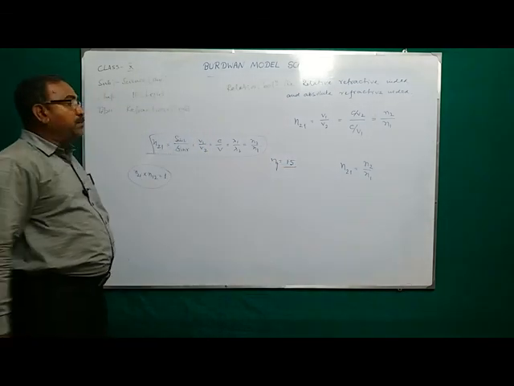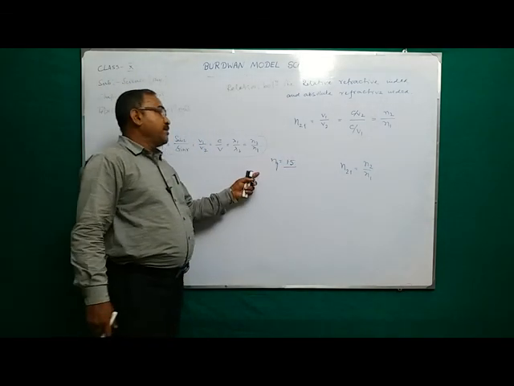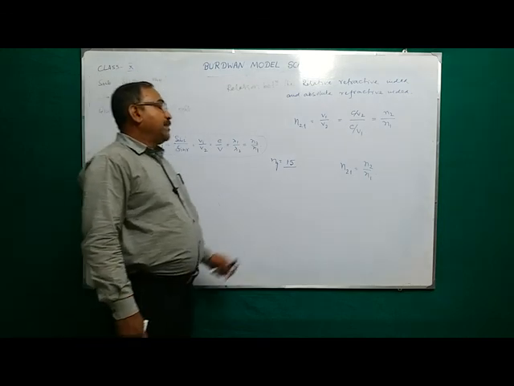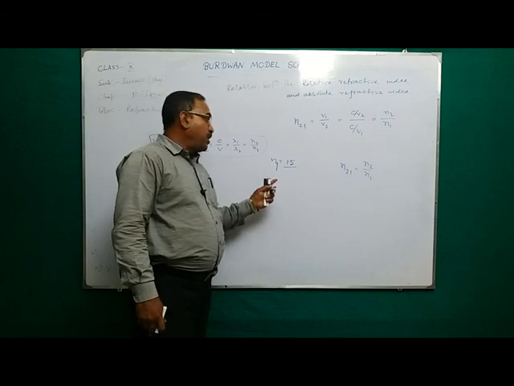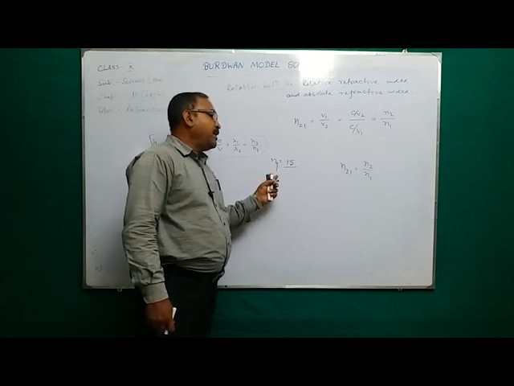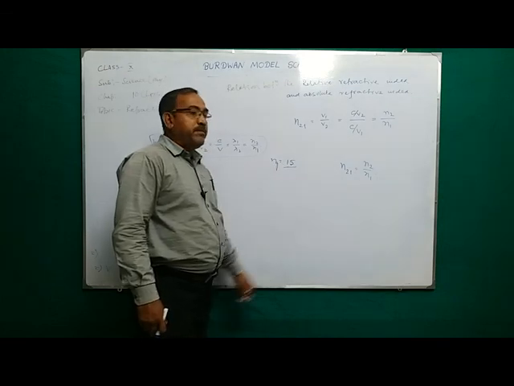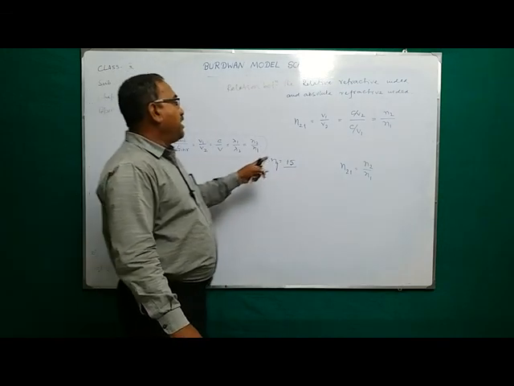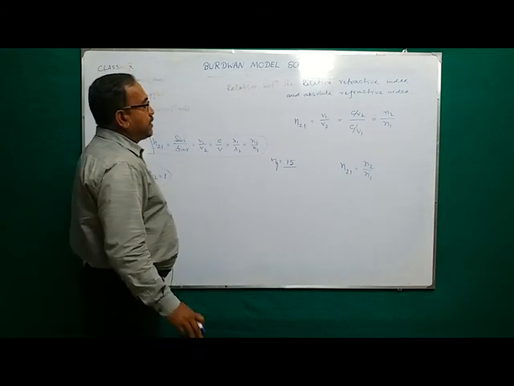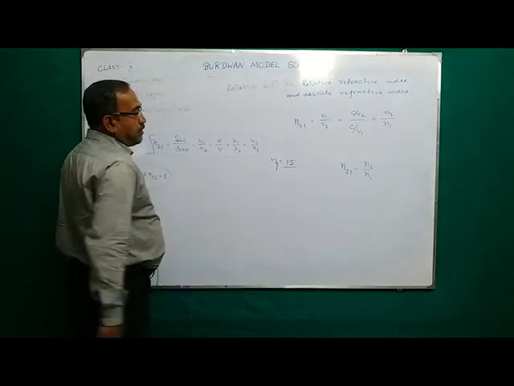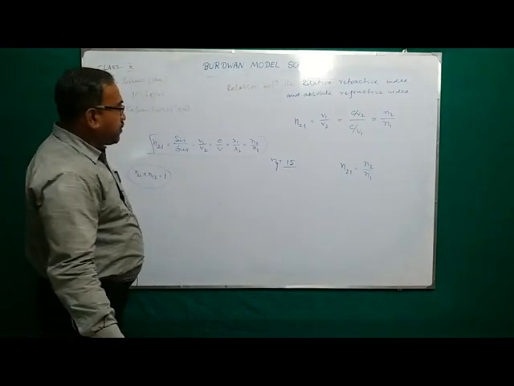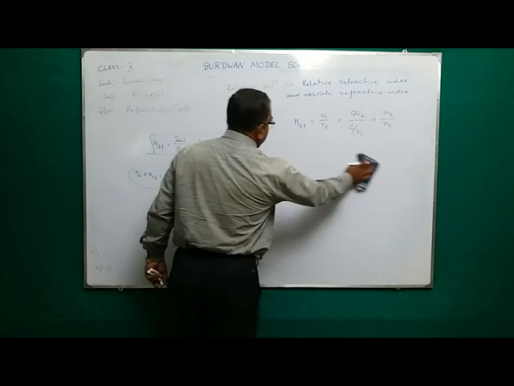So what is the meaning of it? When the light passes from air to glass, the ratio of the speed of light in air and glass, the value is 1.5, or the sine of the angle of incidence in air and the sine of the angle of refraction ratio is that value. Okay. Next part, the numerical.